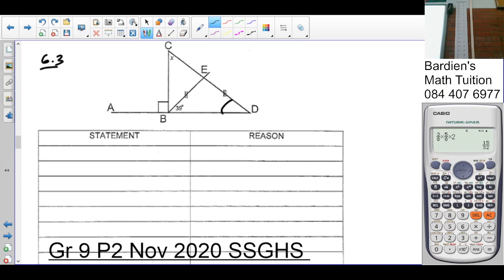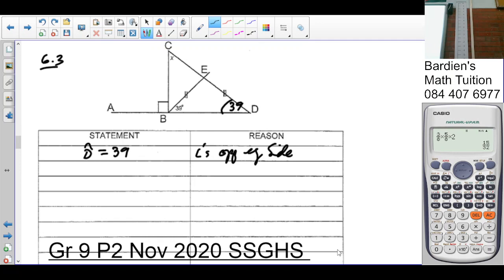We said angle D, so D is going to be 39. Why is angle D 39? Isosceles. Who taught you that Mickey Mouse stuff? Given. Angles opposite equal sides.